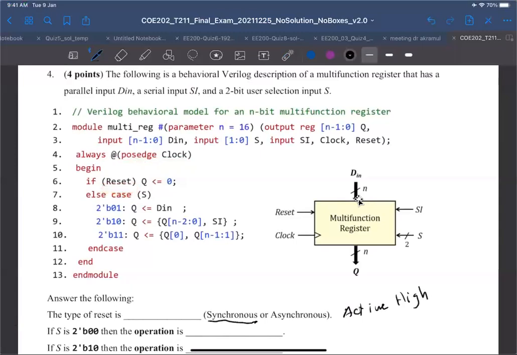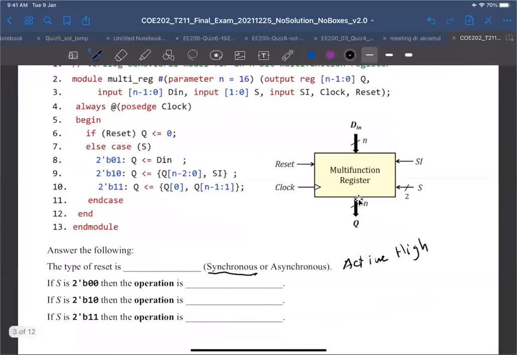The second question is, if S is 0 0, a 2-bit value, what is the function? 0 0 is not mentioned here, which means I am not going to change Q, so this is no change.